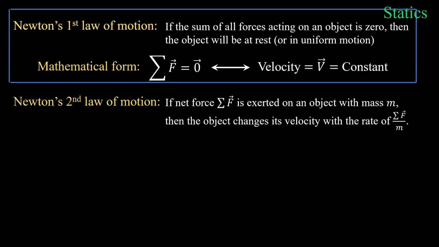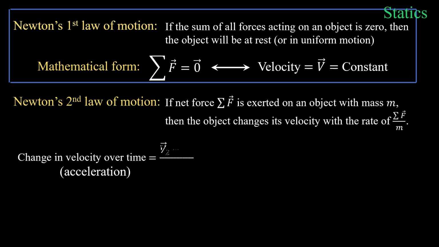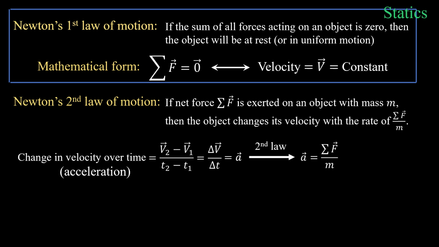To state the second law in mathematical form, we need to define acceleration, which is change in velocity vector over time. So basically, the acceleration is delta v over delta t. With this definition, the second law can be expressed as acceleration is equal to sum of F over m, or in more familiar format, sum of F is equal to m times a.